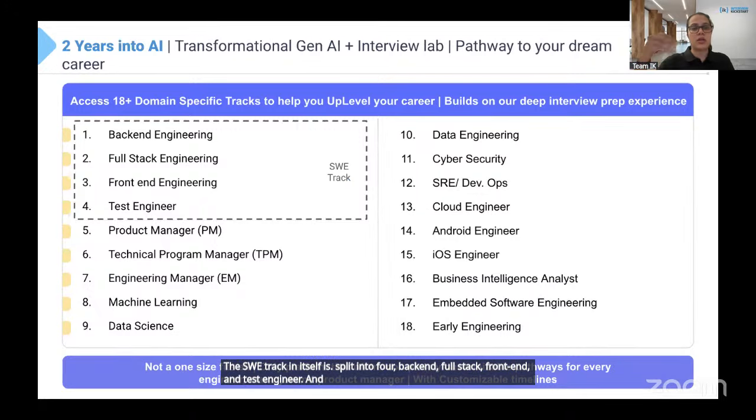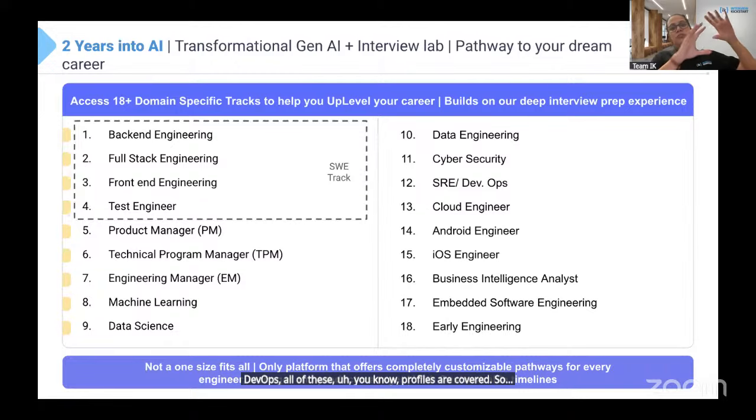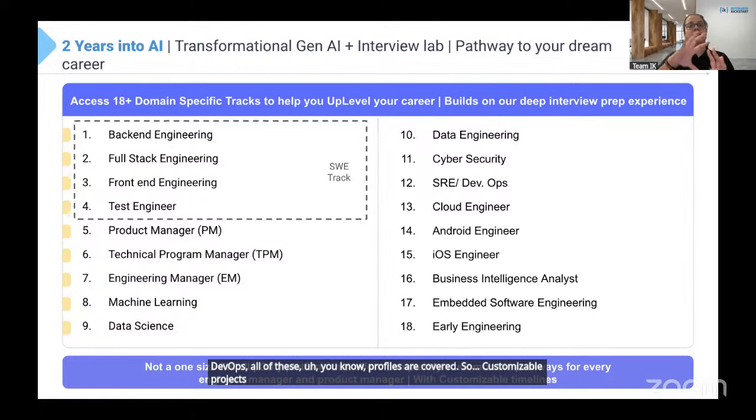And then the list goes on to tech product managers, technical program managers, engineering managers, data engineers, DevOps. All of these profiles are covered. So customizable projects, customizable interview prep, and hence you get the best value out of it.